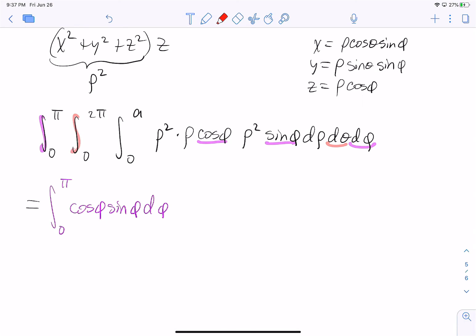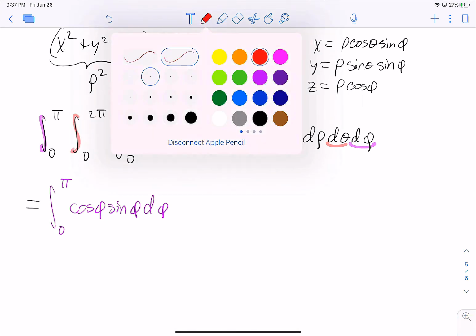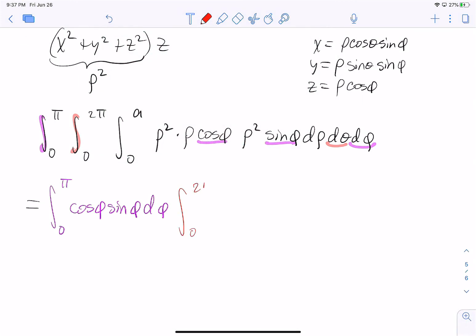That goes from 0 to 2 pi, and I don't see any thetas in the integral, so 0 to 2 pi d theta. You know, I said next we have d theta. This doesn't have to go in any particular order. It's a product, right? Just wanted to make sure that was clear. And finally, we have d rho. Rho goes from 0 to a, and it looks like we have rho squared times rho squared. It's going to give us the integral from 0 to a of rho to the 5th d rho.